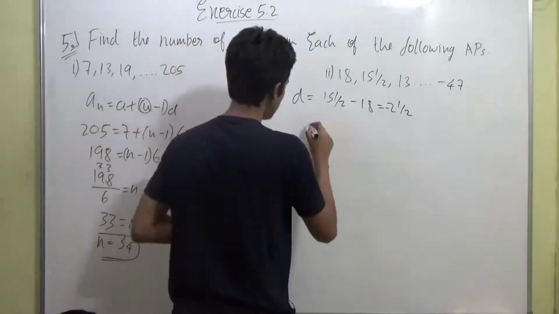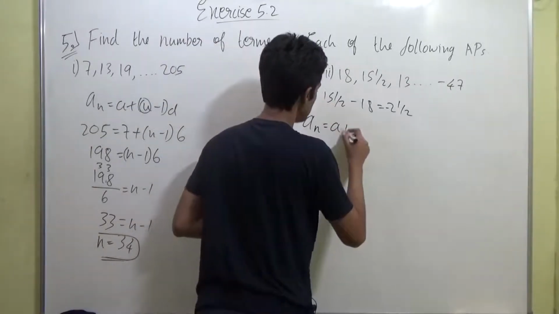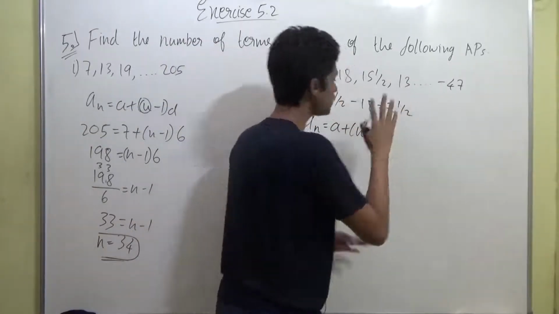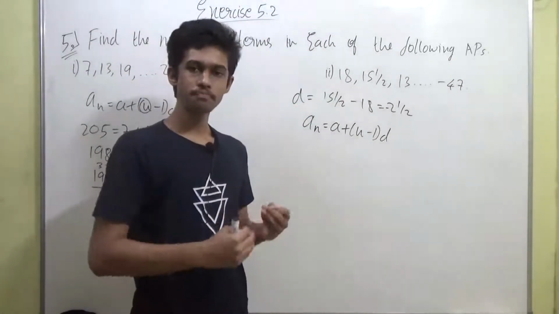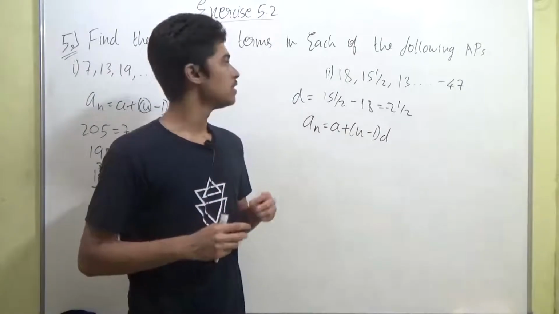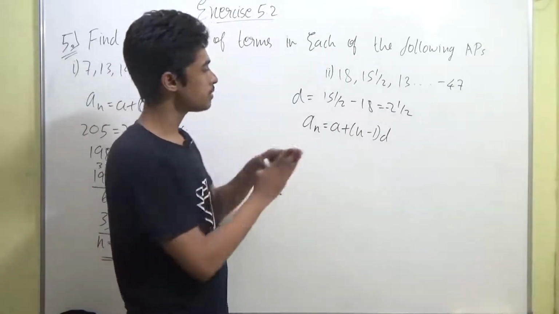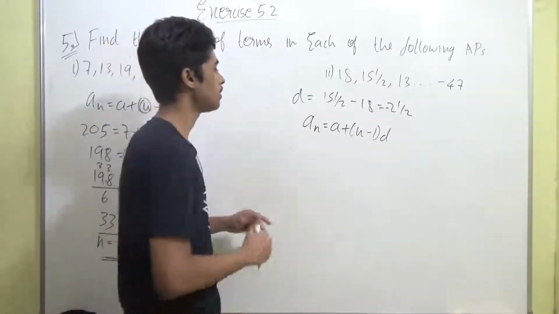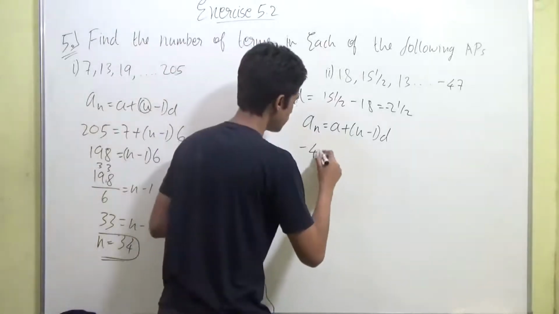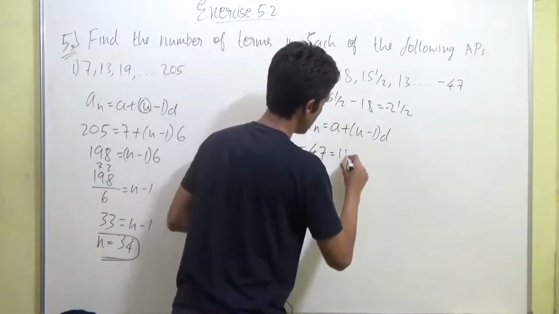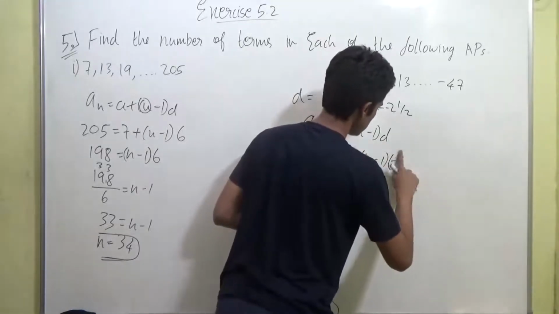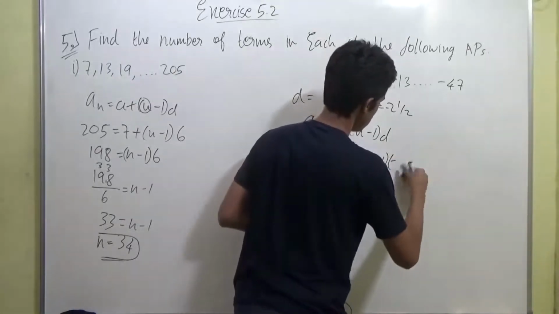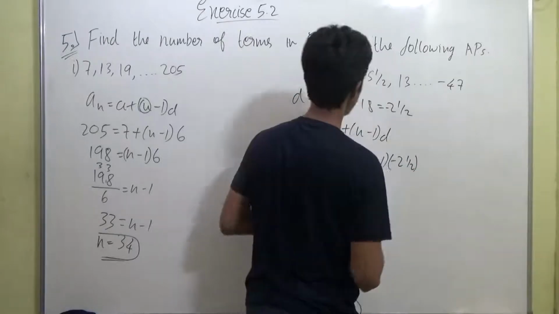So applying this formula, a n equal to a plus n minus 1 into d. If you see this, guys, this entire exercise is based upon this one formula. They would have manipulated the question a bit, but the concept is the same using this formula itself. So a n is minus 47 equal to 18 plus n minus 1 into d, where d is minus 2.5.